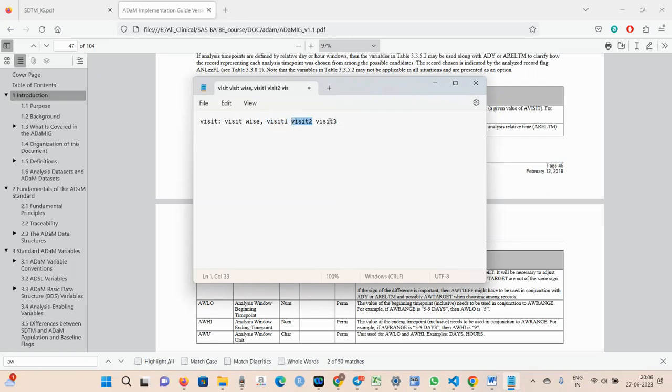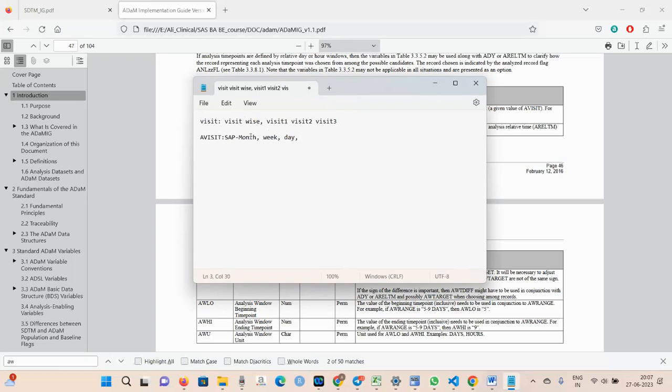So at this time, we have to do the analysis visit, as per the SAP, the statistical analysis plan. They will give how to derive visit 1, visit 2, visit 3, either month wise, week wise or day wise, depending on what the biostatistician wants to do.